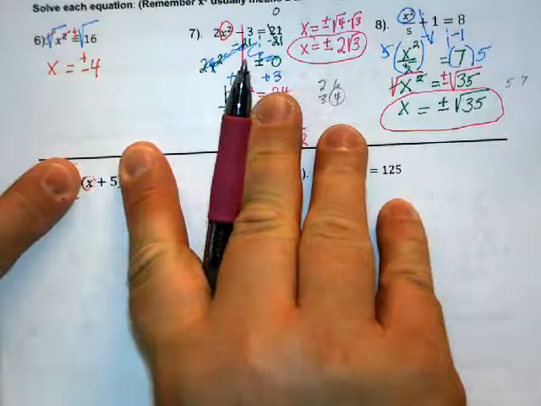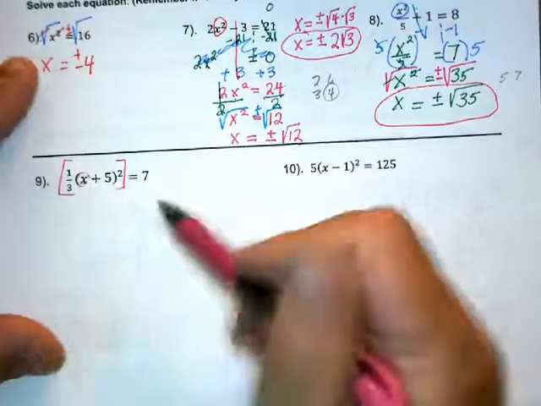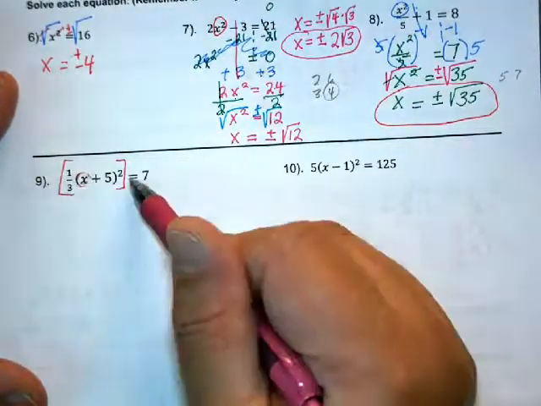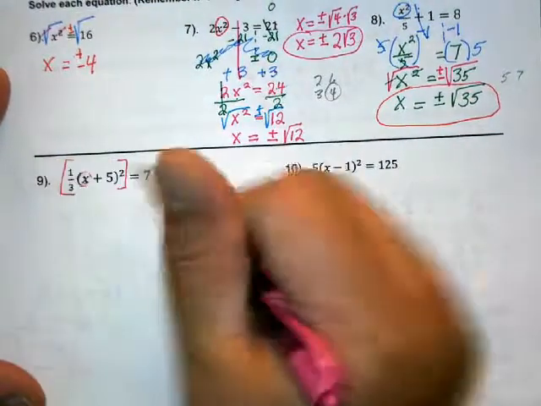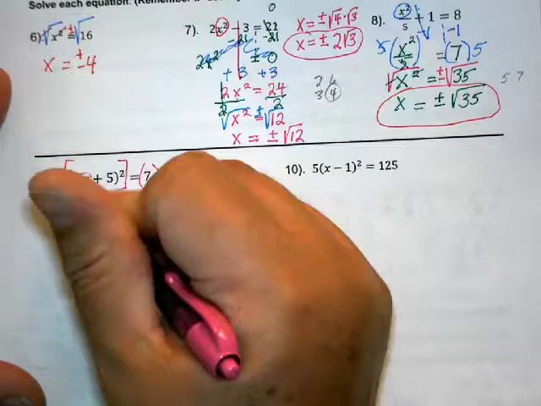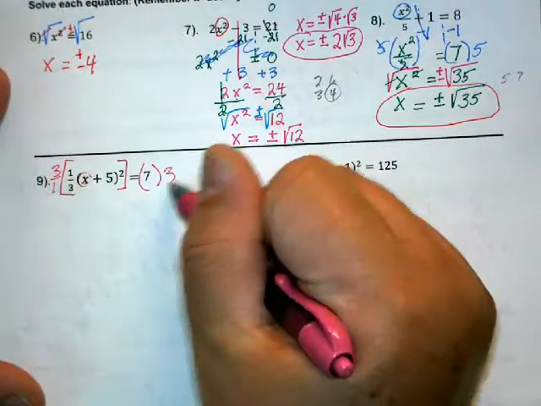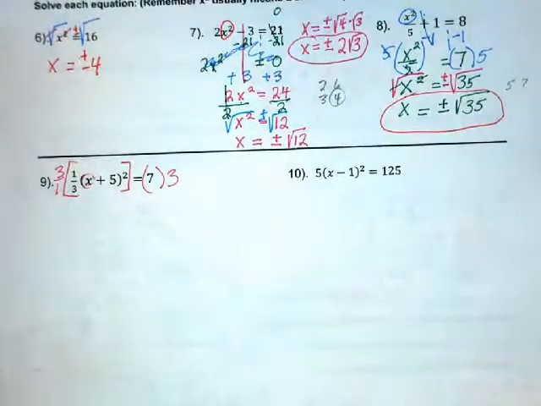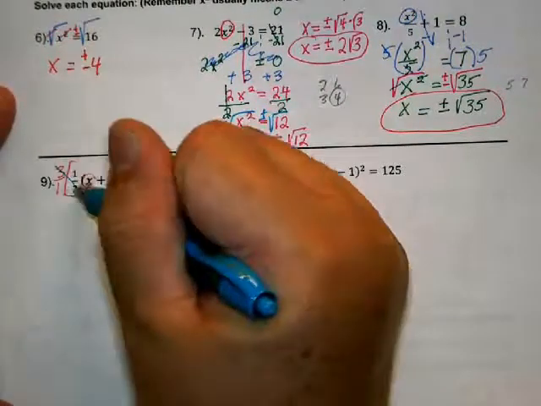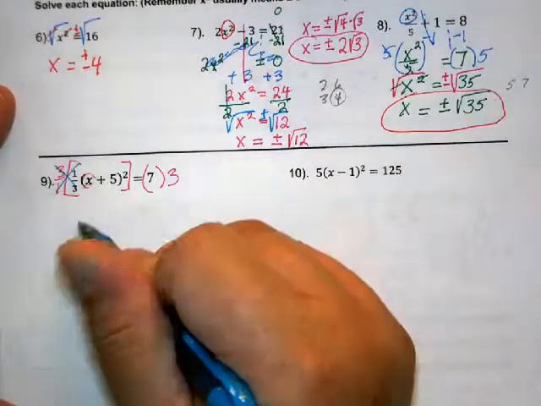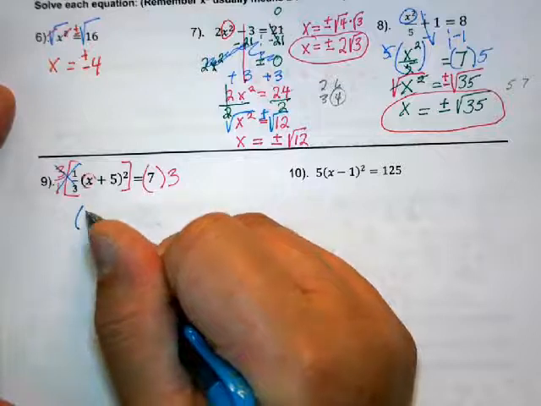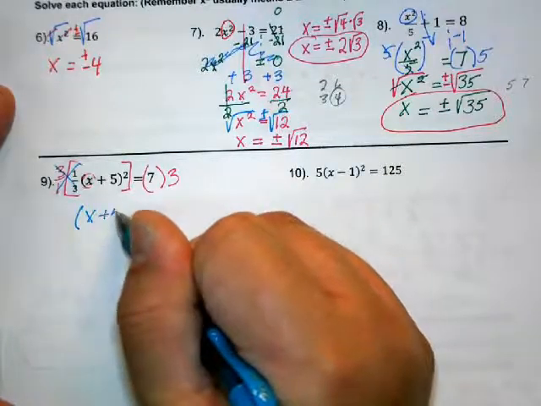So I'm going to multiply by the reciprocal of 1/3, which is 3 over 1, or 3. These cancel. I'm left with the quantity x plus 5 squared equals 21.